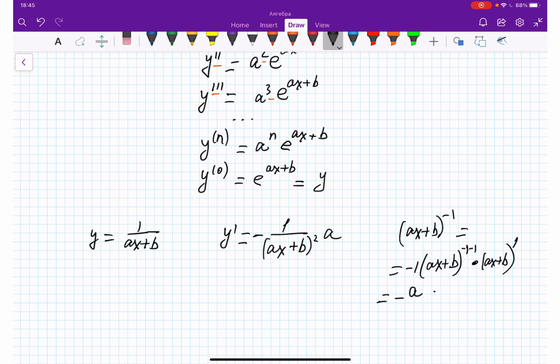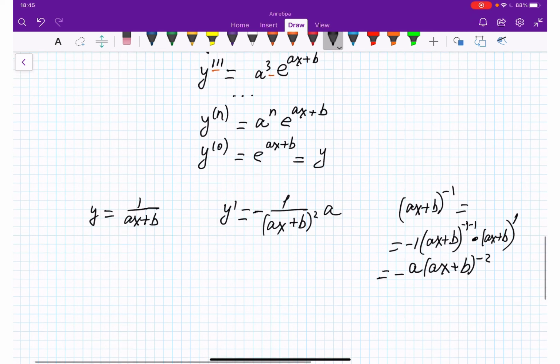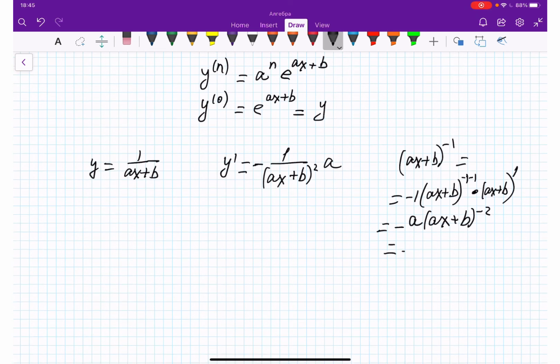And we have ax plus b to power negative 2, which is equal to negative a over ax plus b squared. Well, I wrote it this way so that it's going to be better to see the pattern as I go to a higher order. All right, so let me change this color so you will see that this was drafting.